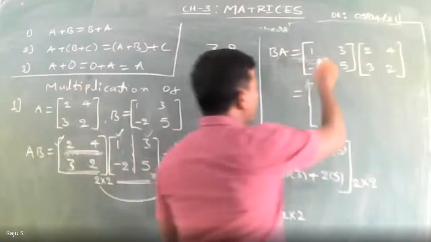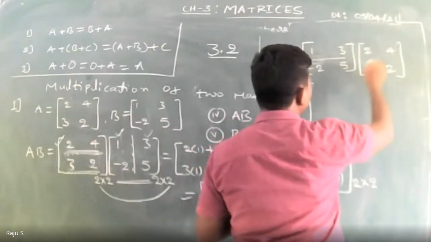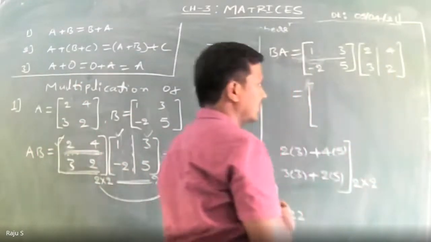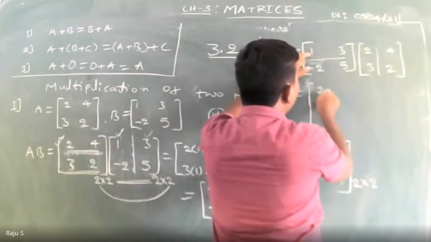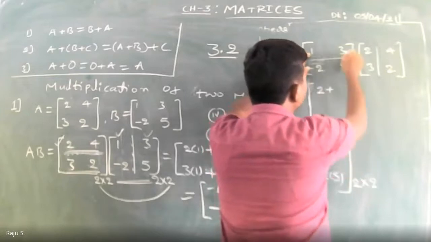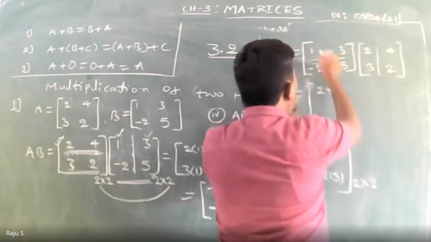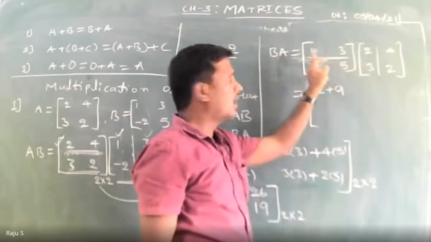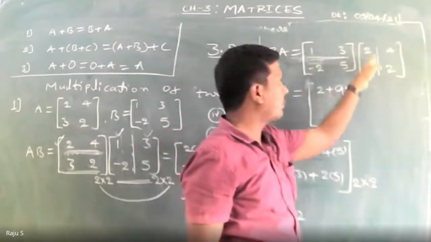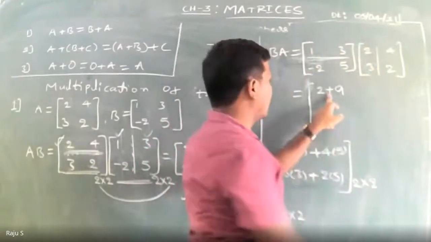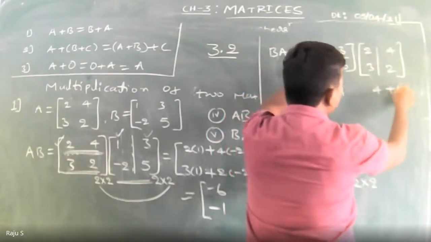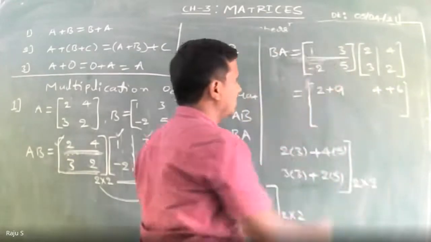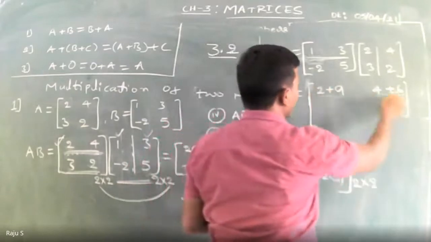Again, immediately you can draw your horizontal line and vertical line. Now look here. 1 into 2 is 2, plus 3 into 3 is 9. I'm using the first row here, multiplying to the first column, so that is the first element. Next one: 1 into 4 is 4, plus 3 into 6. This is the first column, and the second column.